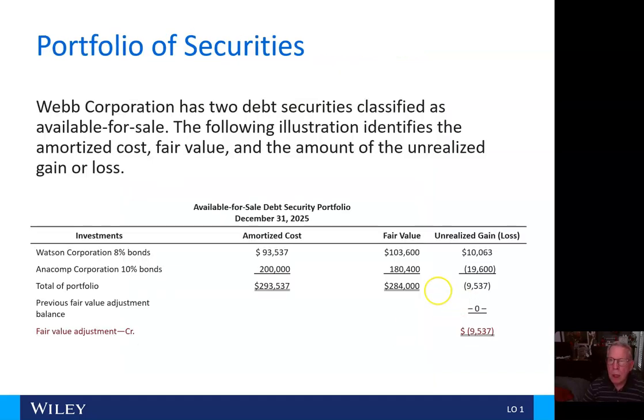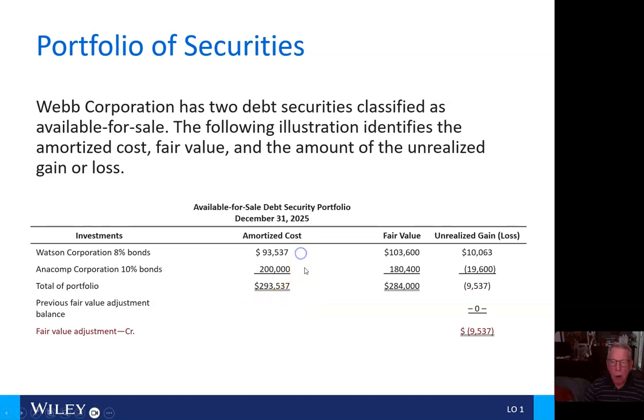Now, Webb Corporation has two securities classified as available for sale. The following illustration is going to identify the amortized cost, the fair value, and the amount of the unrealized gain or loss. And here they are.